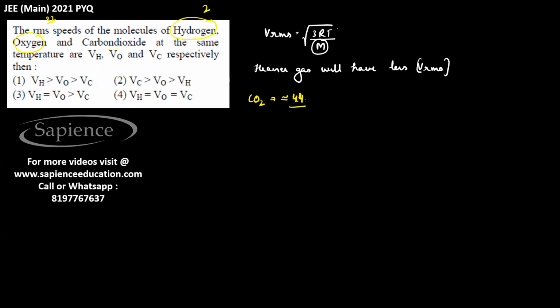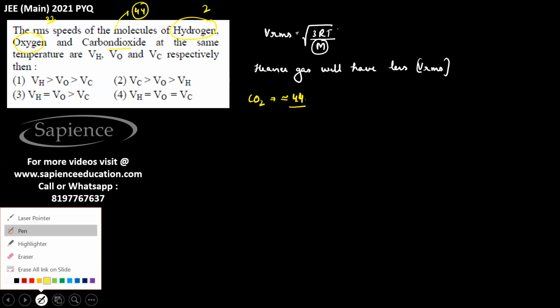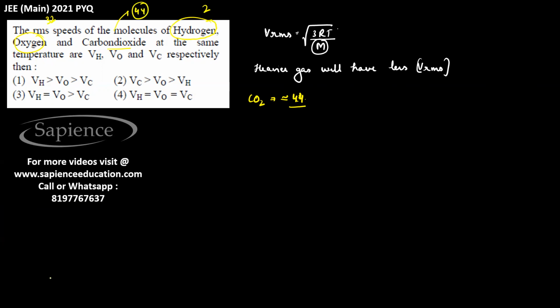So the highest molecular mass is for carbon dioxide, so it will have the least RMS velocity. The minimum is for carbon dioxide and the maximum is for hydrogen. So the answer will be the first one.